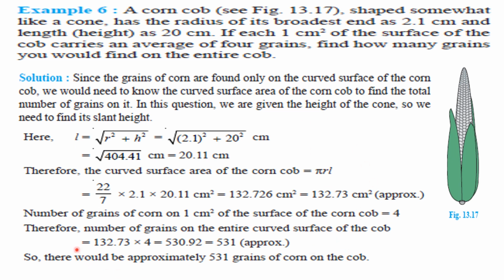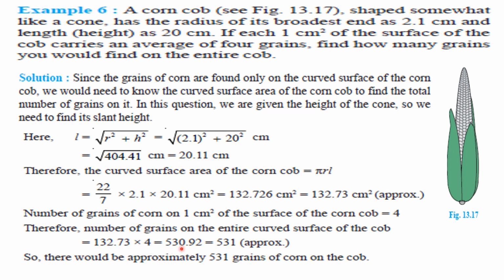Okay, my children. Therefore, the number of grains on the entire curved surface of the cob is equal to 132.73 into 4. Yes or no, my children? Understood this step? Right. That is equal to, by multiplying these two numbers, what will you get here? 530.92. Yes or no, my children?